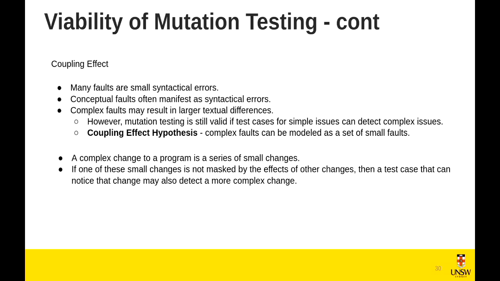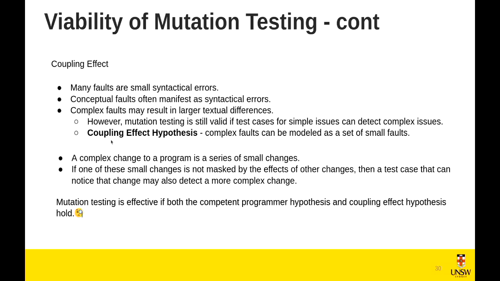So if one of the small changes is not masked by the effect of other changes, then a test case that detects the small change can also reveal the complex change behind it. So this is the coupling effect. Coupling means small changes and complex changes are coupled. So mutation testing is effective if both the competent programmer hypothesis and the coupling effect hypothesis hold for the target scenario.